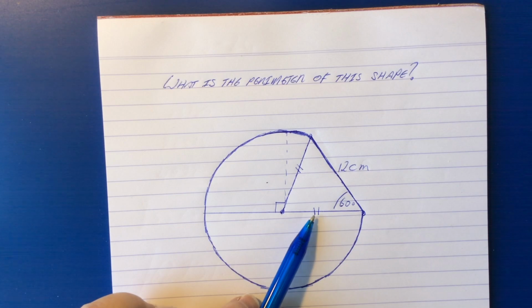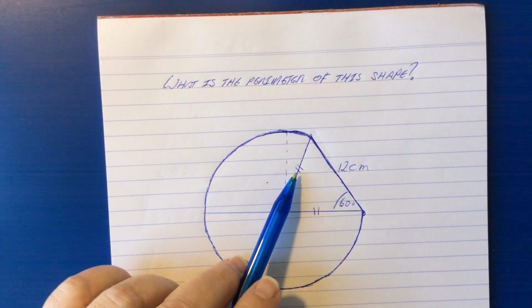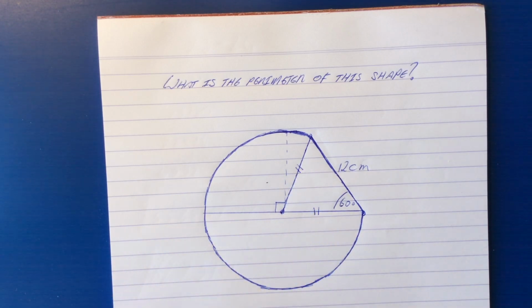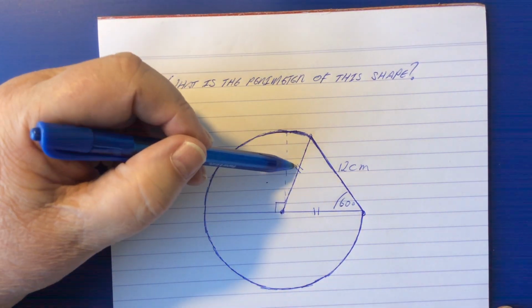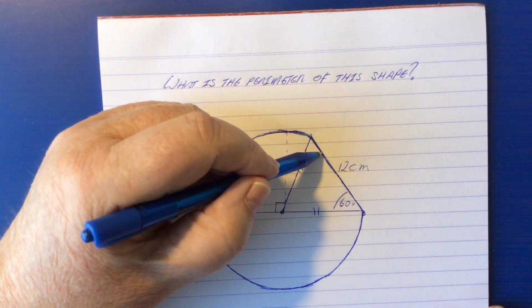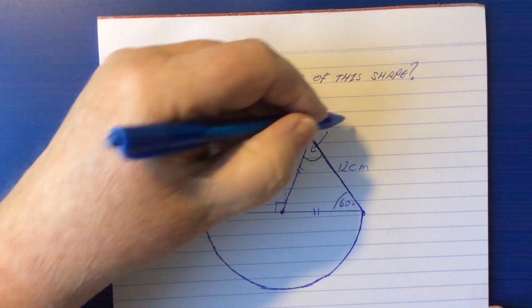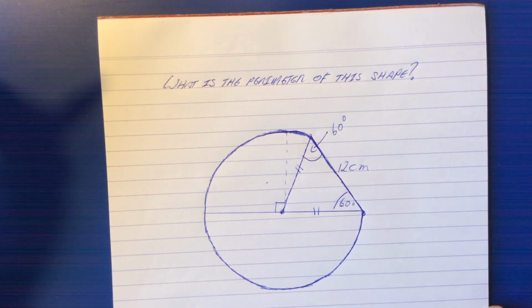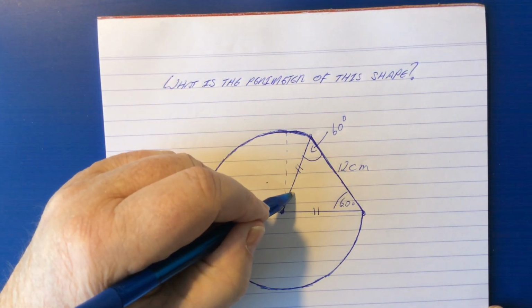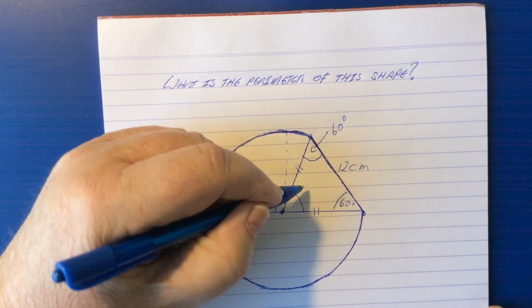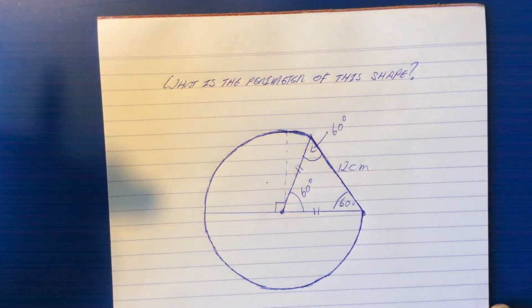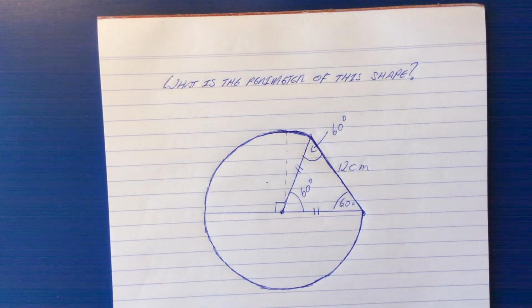If these two lines are of equal length, then the angle that we get in here will be the same as this angle. It will be 60 degrees, and that means that this angle here is 60 degrees. This is actually an equilateral triangle.